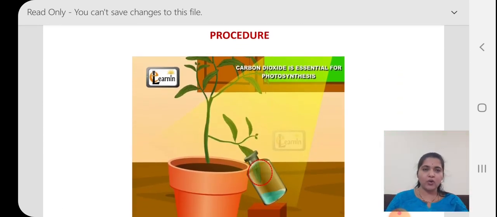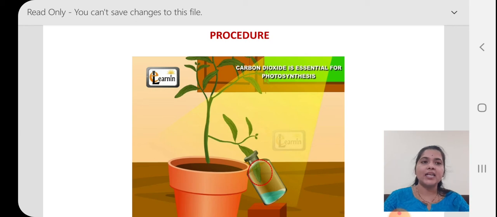Next one, coming to the procedure. Take a wide mouth transparent bottle, children. Put potassium hydroxide pellets or potassium hydroxide solution in the bottle as shown in the figure. Why potassium hydroxide? As I already said, it absorbs carbon dioxide.